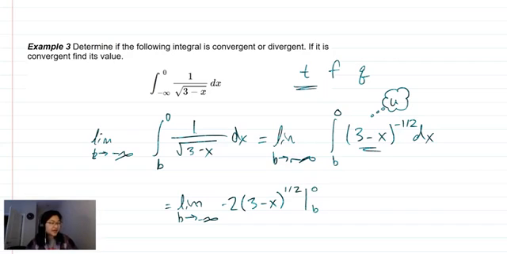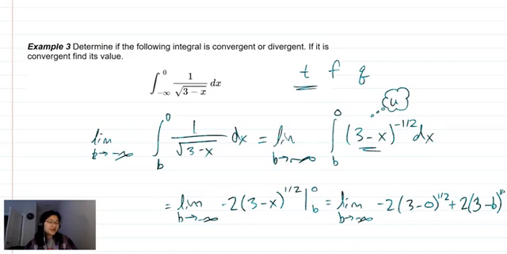Okay, this is not so bad. Let's plug stuff in. We got limit as b approaches negative infinity of negative 2 times 3 minus 0 to the 1/2 power minus negative 2 times 3 minus b to the 1/2 power. Sorry, I ran out of space there.